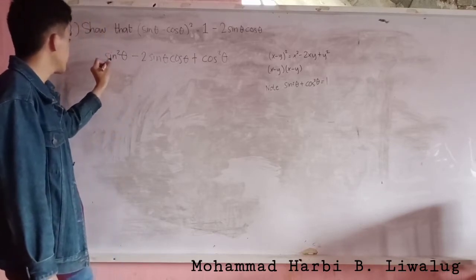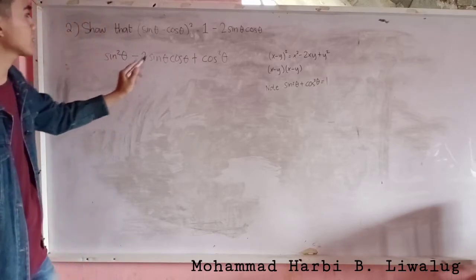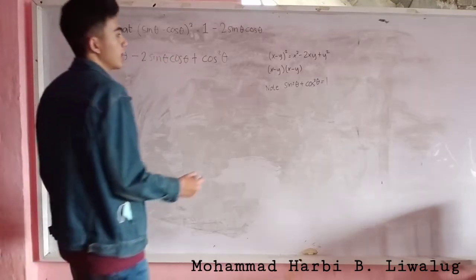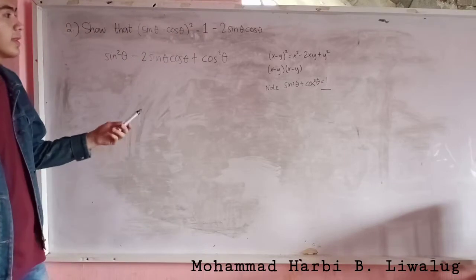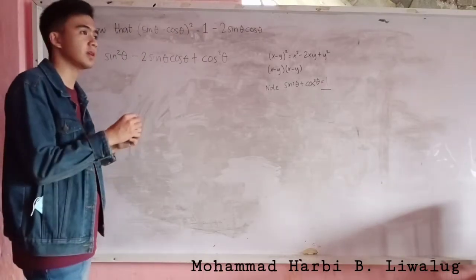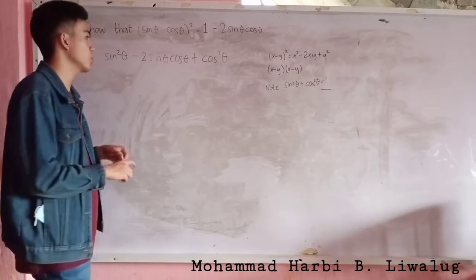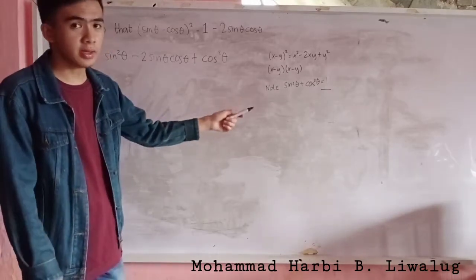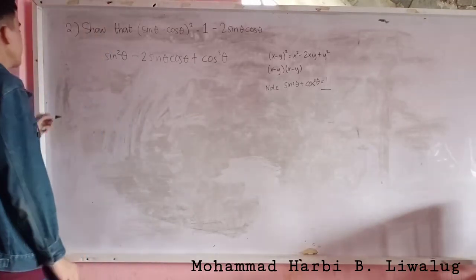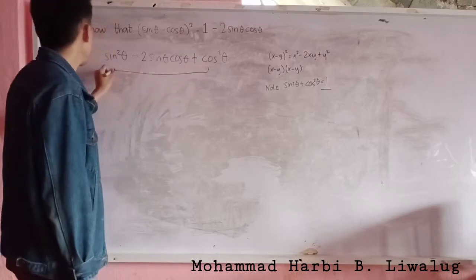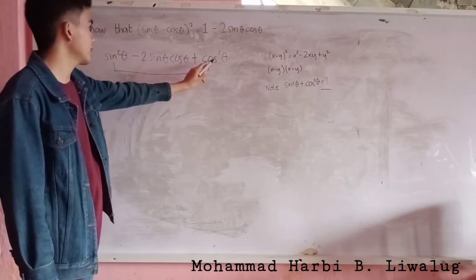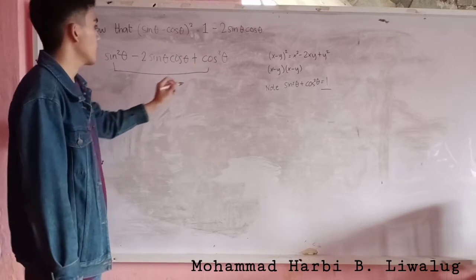Okay? So, note that sin squared theta plus cosine squared theta is equal to 1. Understood na equal yan ng 1 because of the Pythagorean identities. So, na-prove na yan by using the Pythagorean theorem. Okay? So, itong sin squared theta plus cosine squared theta is magiging 1 lang yan.